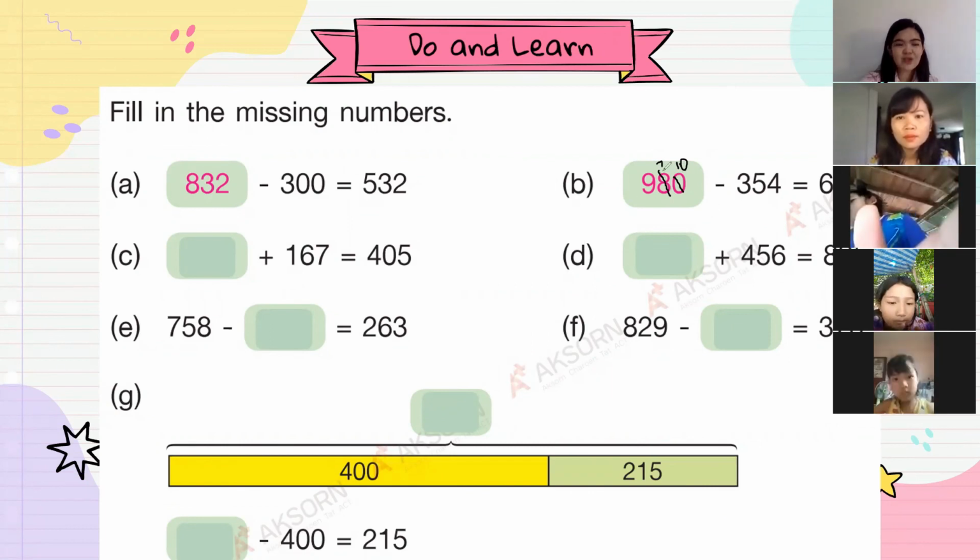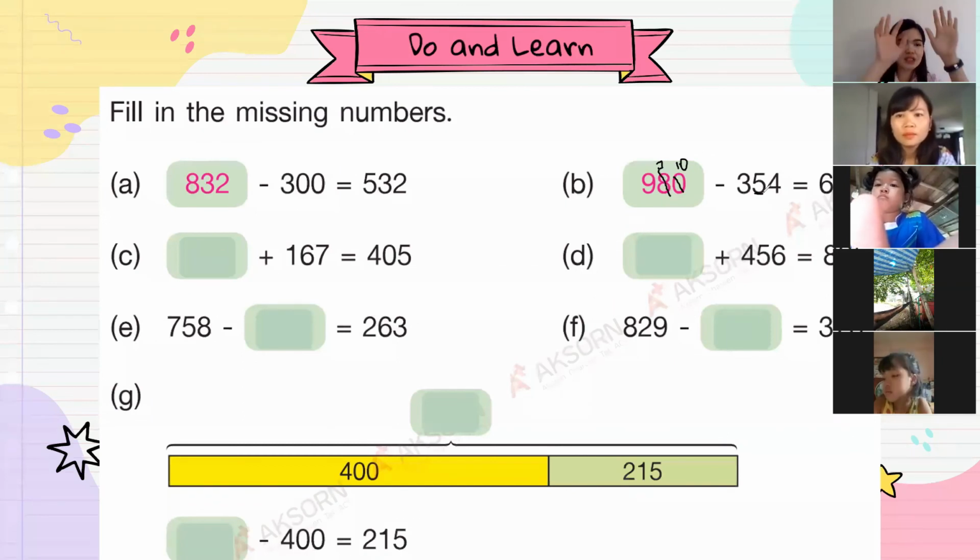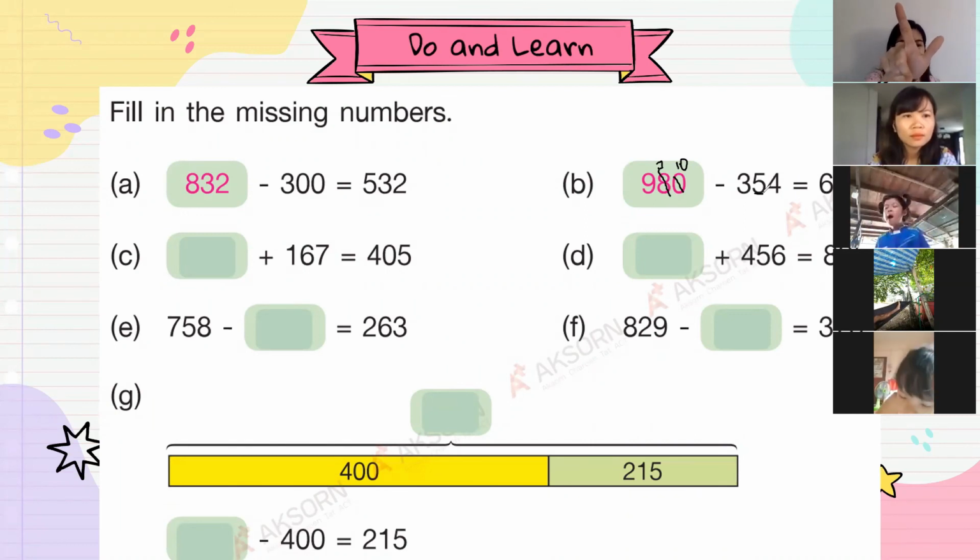And next, we're going to minus the tens. So 7 minus 5 is how many? 2. So you will write 2 here. And then last, 9 minus 3 is how many? 6. So the answer is 626. Okay?